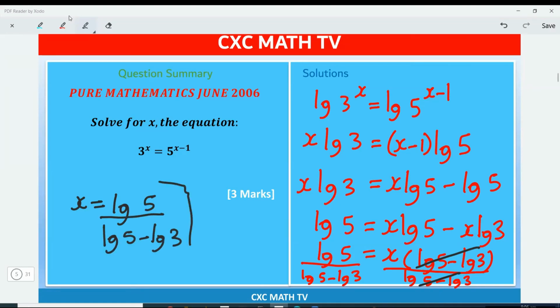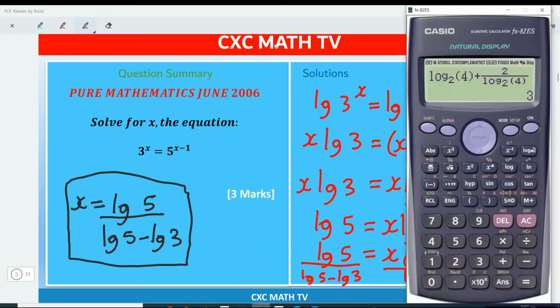Now, just to verify that it is true, let's go ahead and check it. I love when you take out your calculator and check to see if it is indeed true. So look what we're doing here. We're bringing out our calculator and we're going to have 3 raised to the power of, let's get out our fraction, log 5 divided by log 5 minus log 3. When we work that out on the left-hand side, we get 31.86.